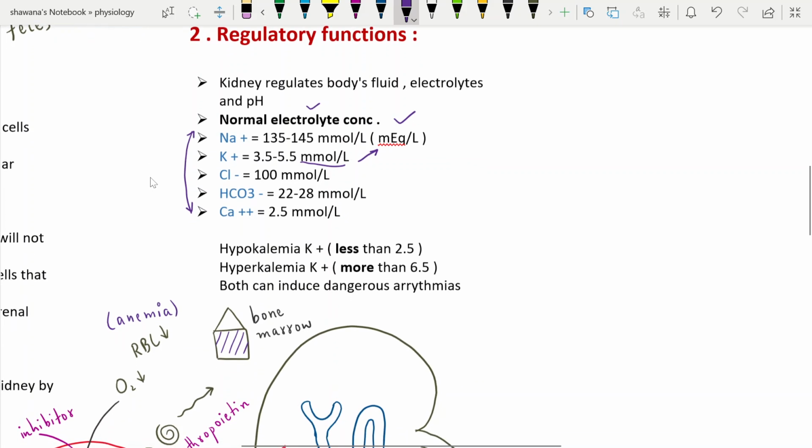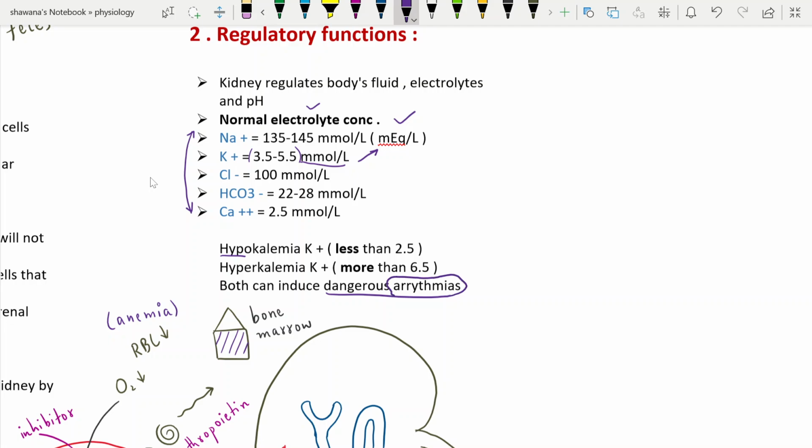The potassium should be maintained within a very narrow range, because 3.5 to 5.5 is the range. But when it exceeds 6.5 or is less than 2.5, it becomes hyperkalemic and hypokalemic respectively, and they can induce dangerous arrhythmias.